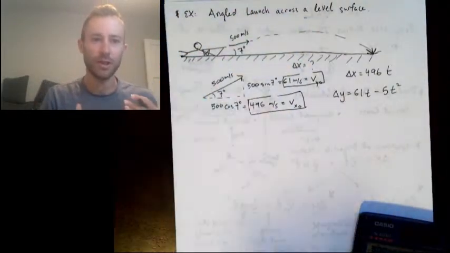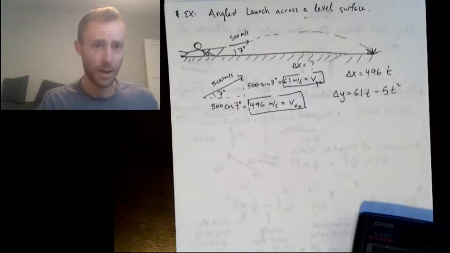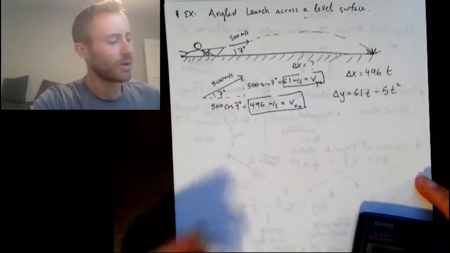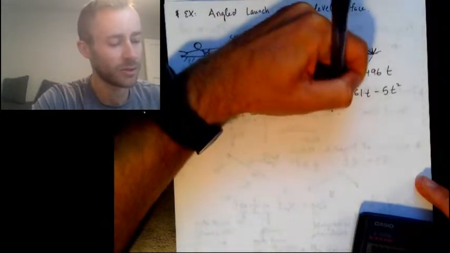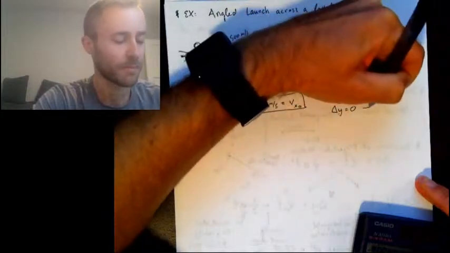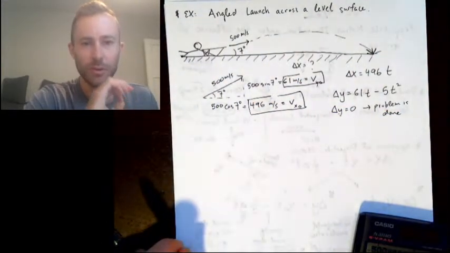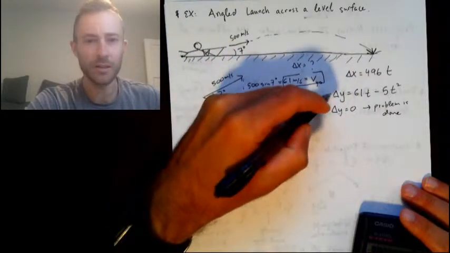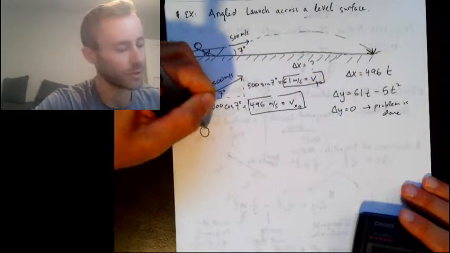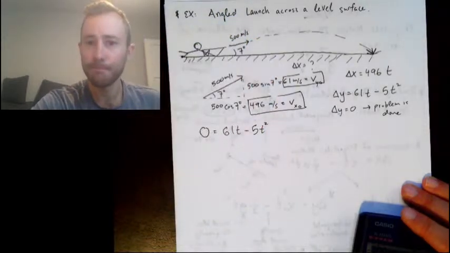It's just like the chicken wing problem that comes up and goes back down. So our condition where the problem is done is when delta y equals 0. That's our condition for the projectile being done flying. So I'm going to plug that into the delta y equation. We have to solve the equation 0 equals 61t minus 5t squared.